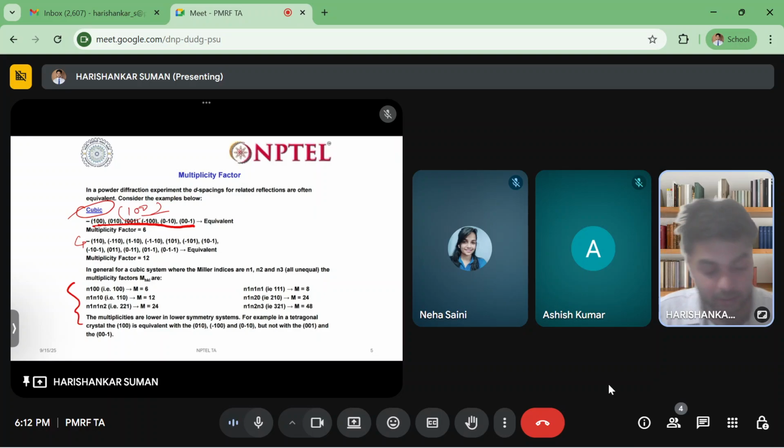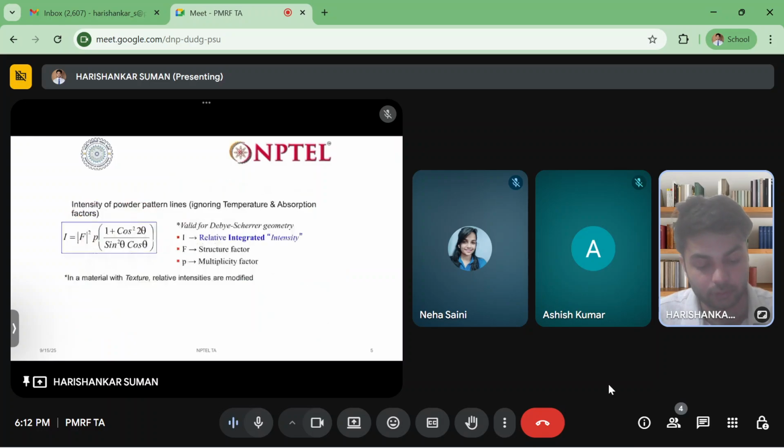Similarly, in a generally cubic system where the Miller indices h, k and l are unequal, the multiplicity is given by, let's say, 111, 110, 100, 210. These are 6, 12, 24. Okay, so these are given to you here.